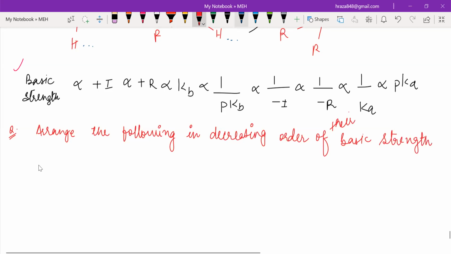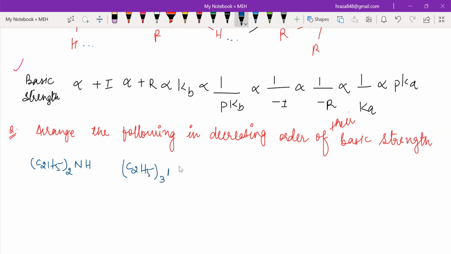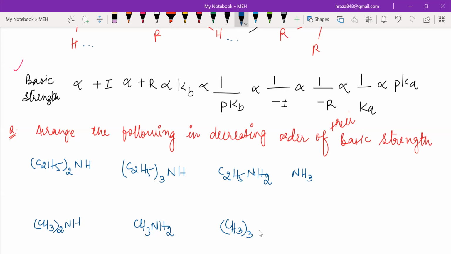This is your (C2H5)2NH, this is your (C2H5)3N, this is your C2H5NH2, and this is your NH3. Then this is your (CH3)2NH, CH3NH2, then (CH3)3N, and this is your NH3.